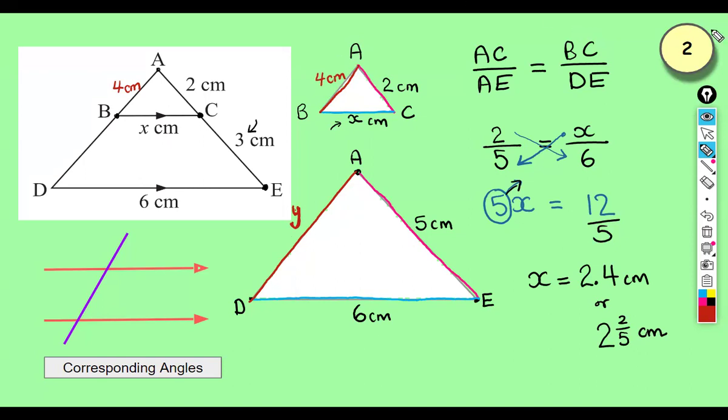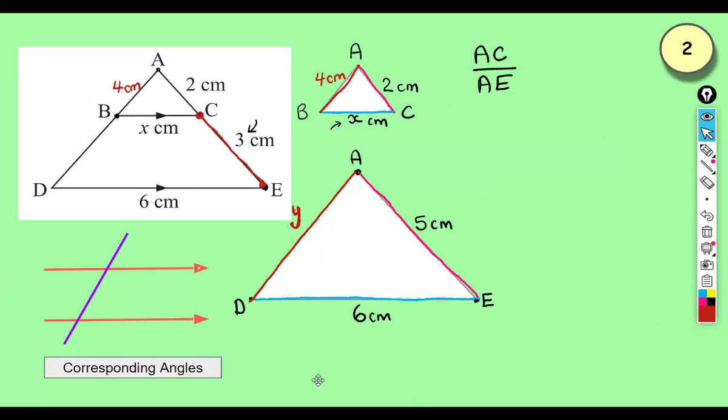Let's see what you guys come up with. My advice is you only need 2 sets of values. The first set of values that you might want to choose is AC and AE. So if you take AC, remember AC grew up to be AE.